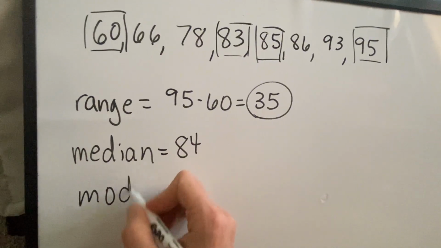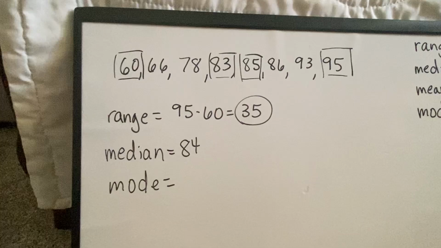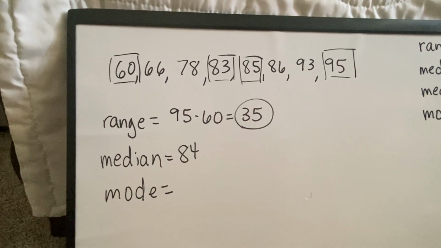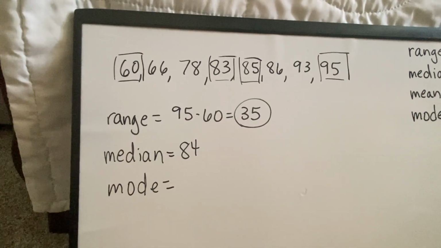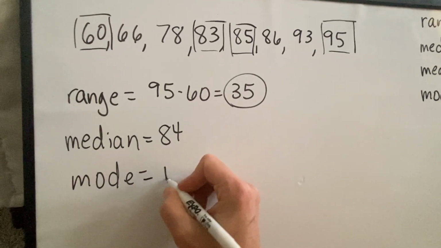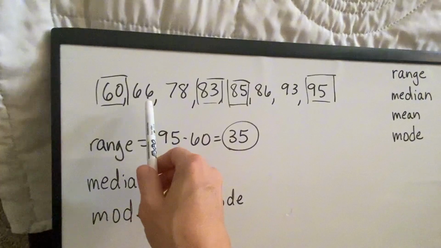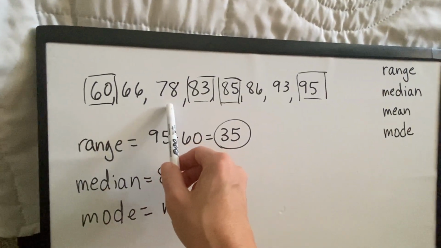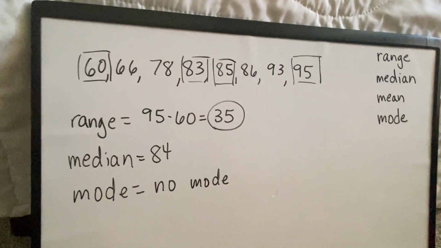Let's go to mode next, because that one's an easier one to find. The mode is the number that appears the most often or repeats itself, okay? So if you notice, none of these numbers repeat themselves. So there is no mode. If, however, I had a 60, 66, and then this was 66, and all the other numbers were the same, then 66 would be our mode.